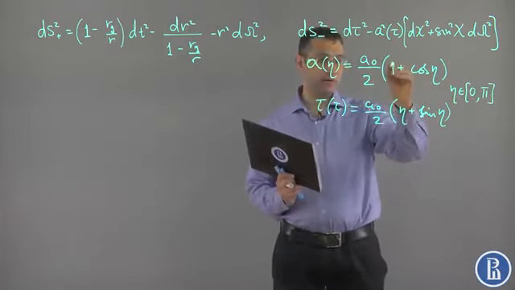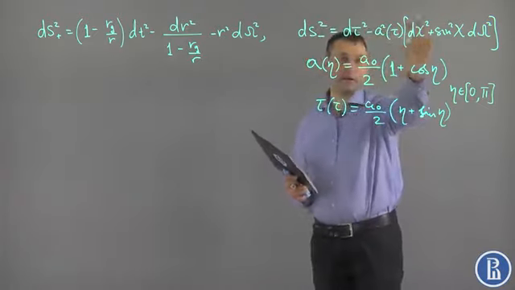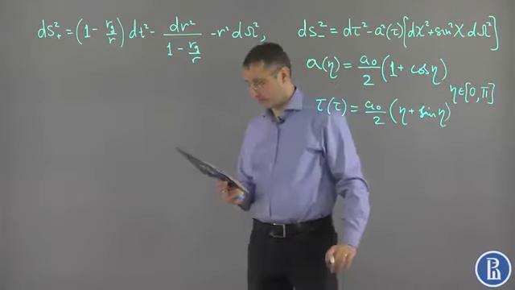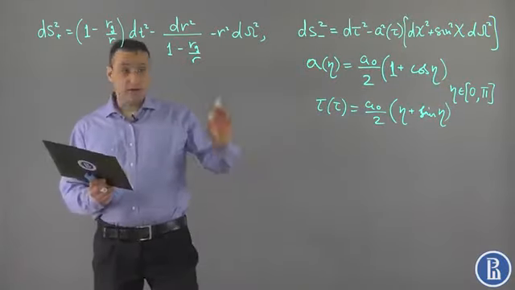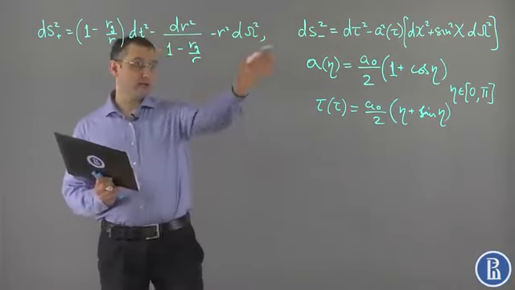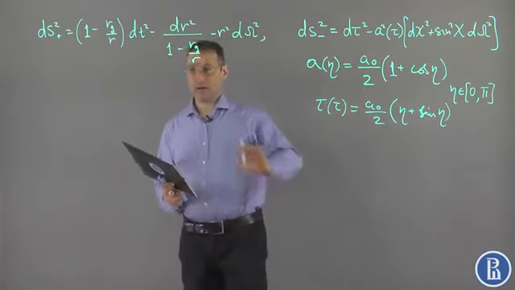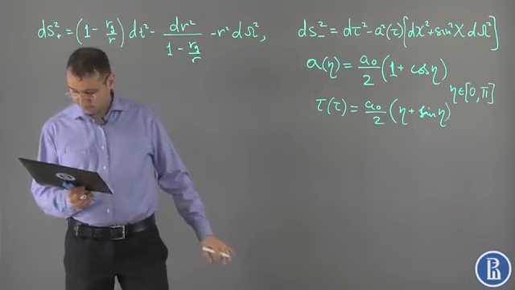As eta reaches pi, the body of the star shrinks to 0 size. So now we want to glue this metric to find the other parameters of the metric.